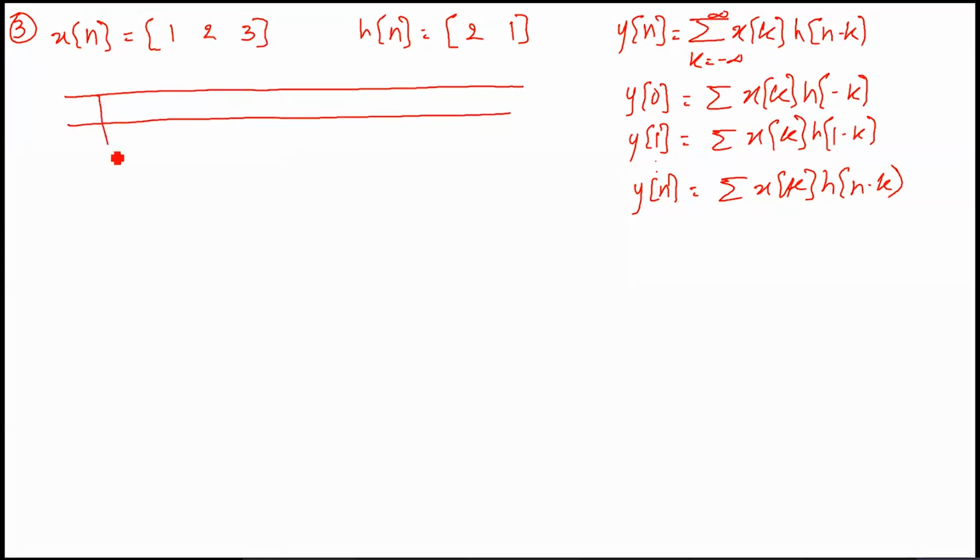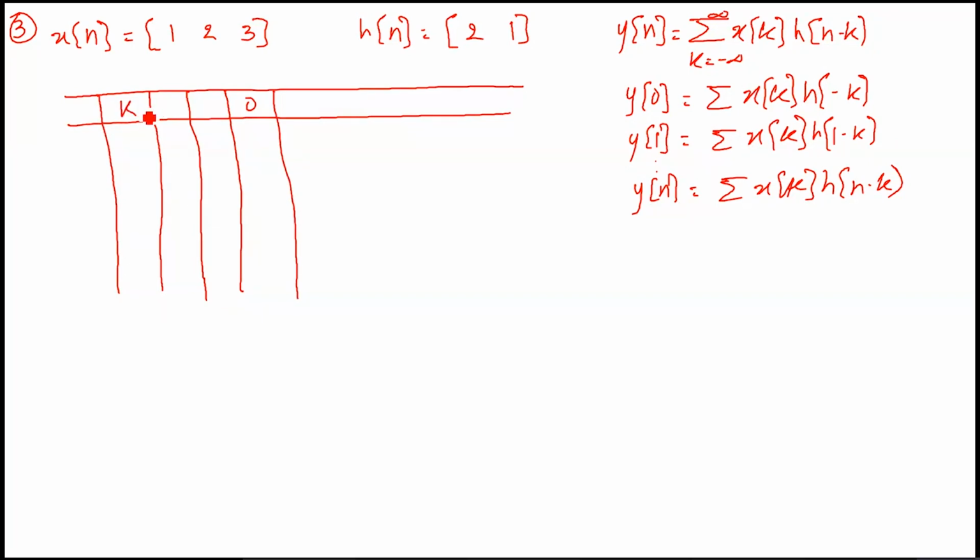And in the table let's have values for k: 0, 1, 2 and 3, and we can keep going on if you want to.